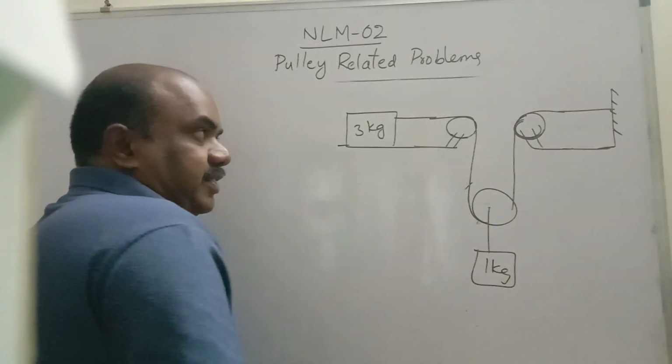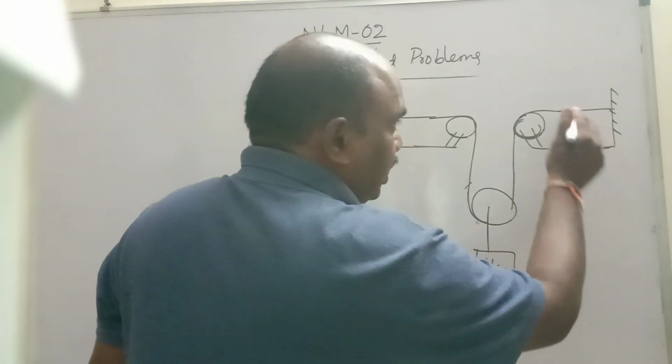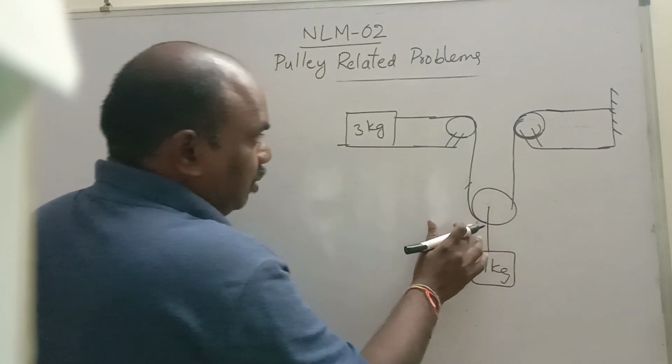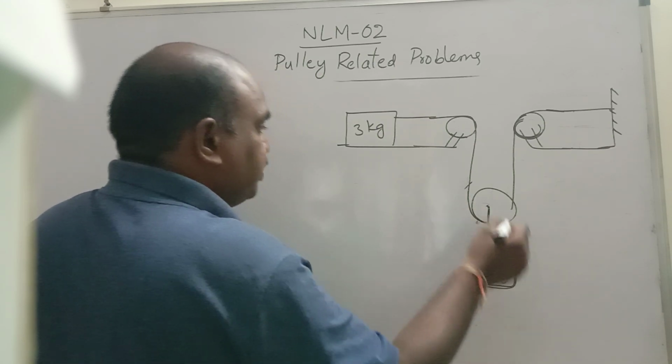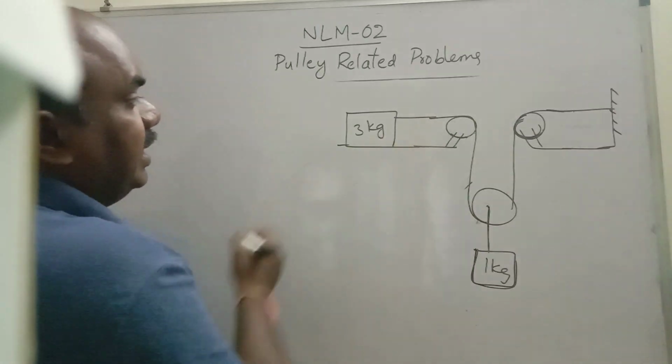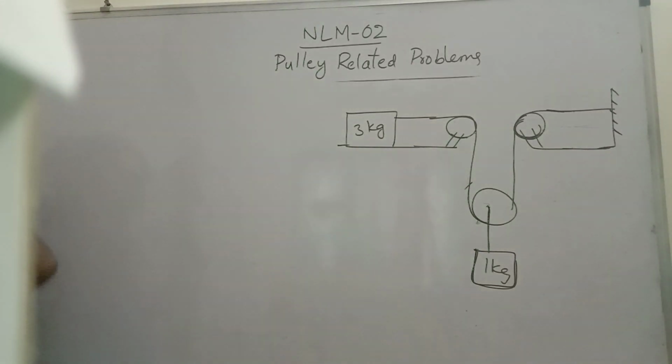These are two fixed pulleys. It is attached to one wall. Now this is the movable pulley. A 1 kg mass is suspended from the movable pulley. Now find the acceleration of the pulley and find the tension of the string. This is the question.